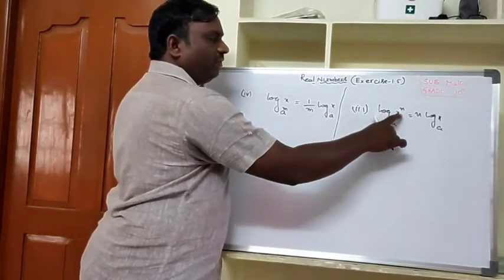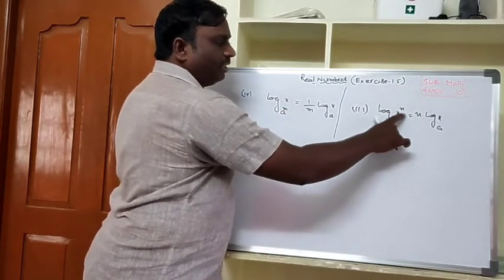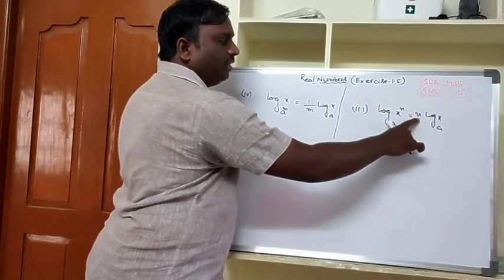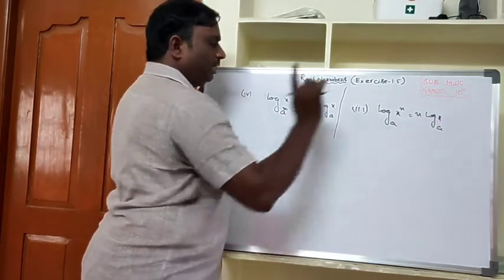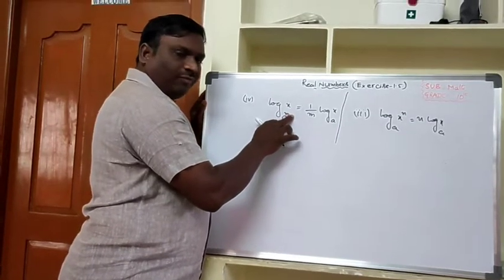Here the power is for the log value, here the power is for the base value. When the power is for the log value, you take it as it is and multiply with the logarithm. But when the power is for the base, you have to take the reciprocal of the power, 1 by m.